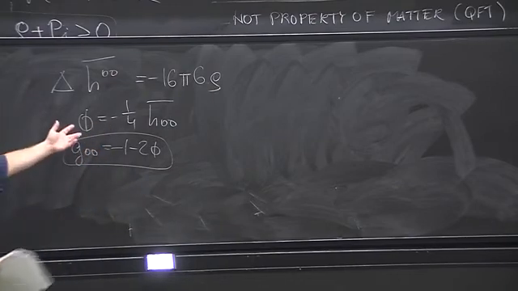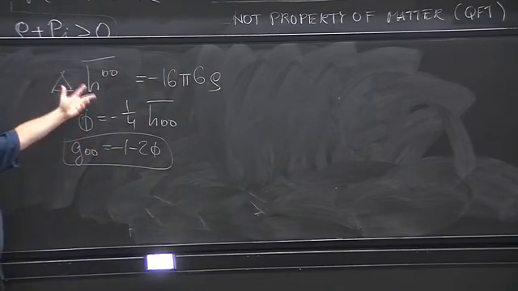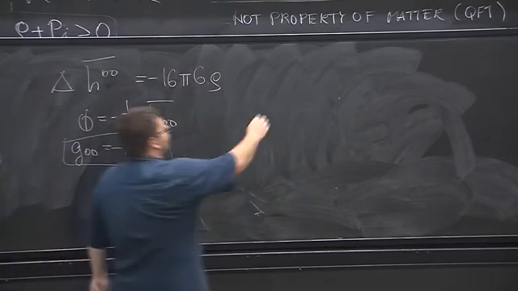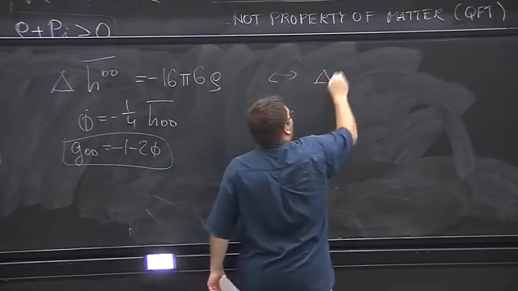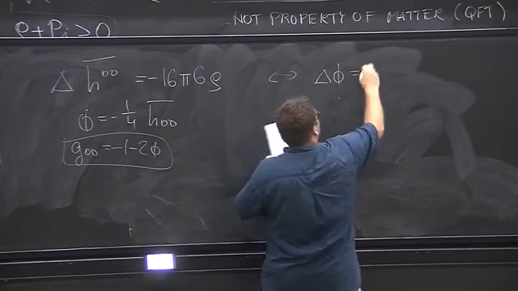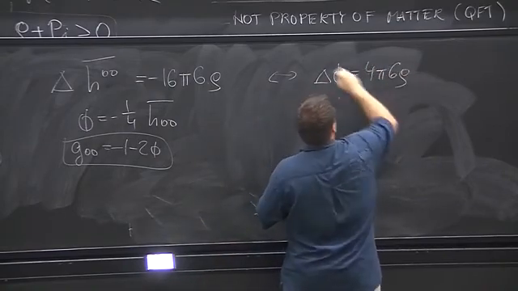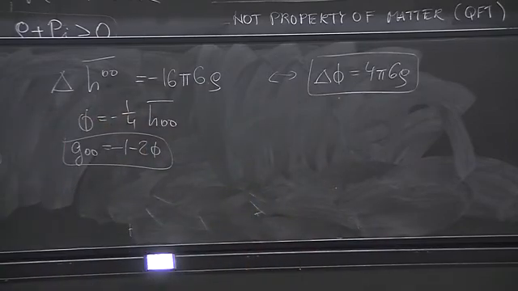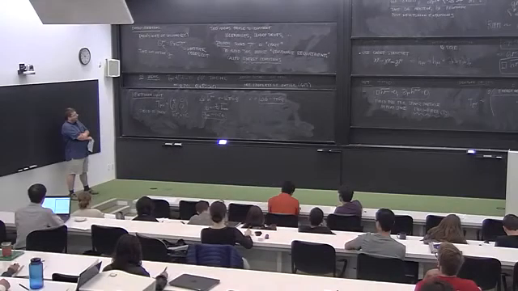And then you recover that Laplace on phi equals 4 pi G rho, as you should. Setting alpha m equal to 1. Remember, we set everywhere alpha m equal to 1.